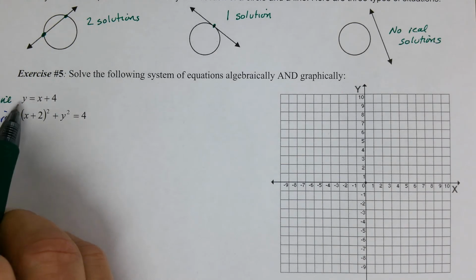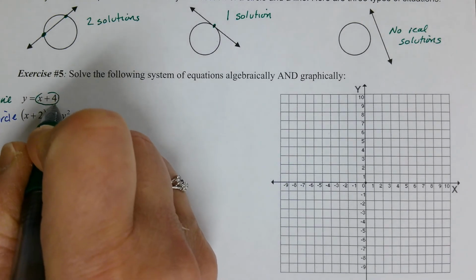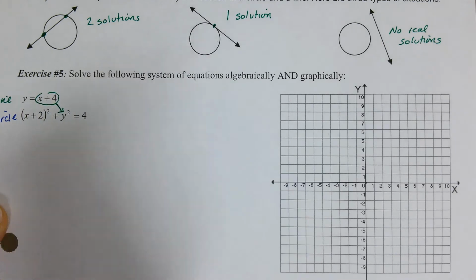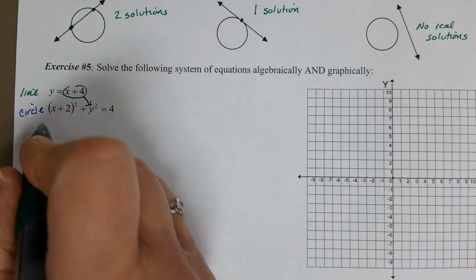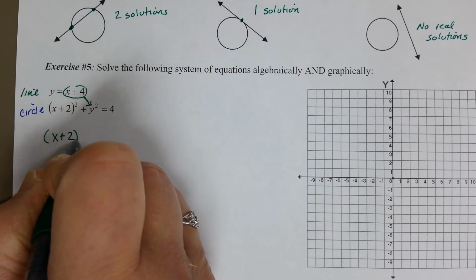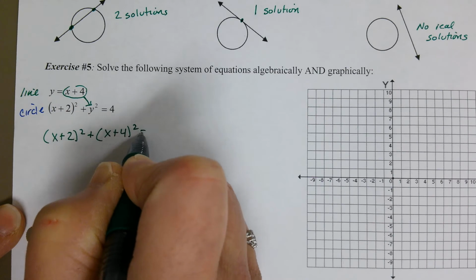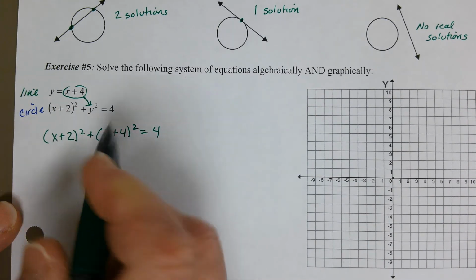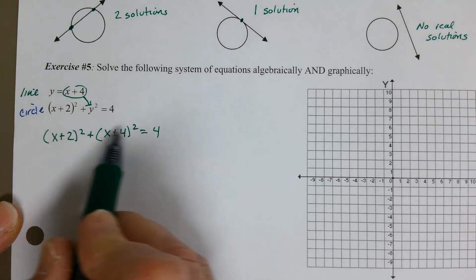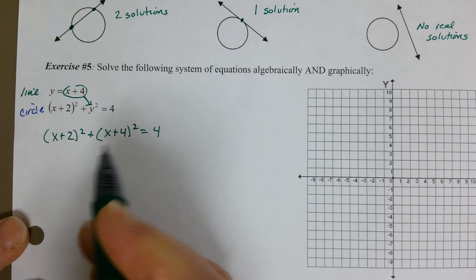Since we already have the variable y by itself in the line, we take the x + 4 of our linear equation and put it in for y of our circle, giving us (x + 2)² + (x + 4)² = 4. Now we do have to multiply this out. So now we have an equation with just one variable, and we're going to solve for x.